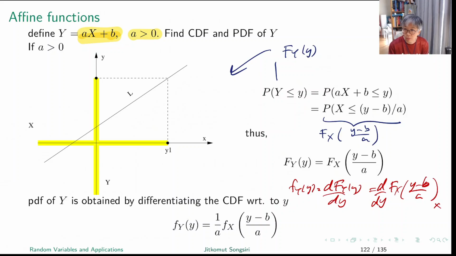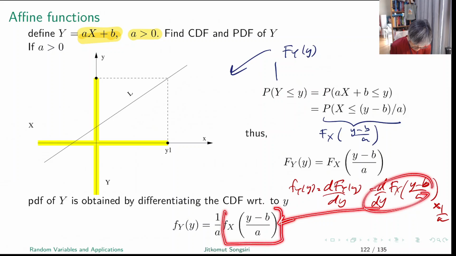This is the composite function, a composite of F_X with this linear function. So this is going to be multiplied with the derivative of this with respect to y, which is 1 over a. Because the derivative of the CDF is the PDF, you're going to get small f, the PDF, times 1 over a.